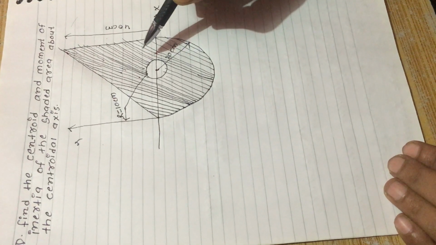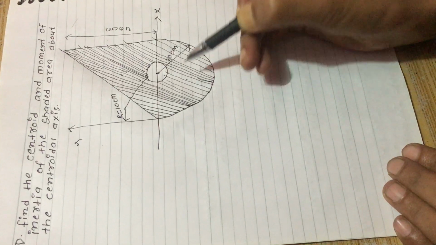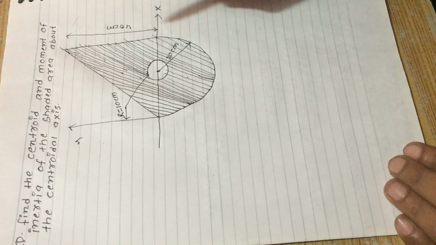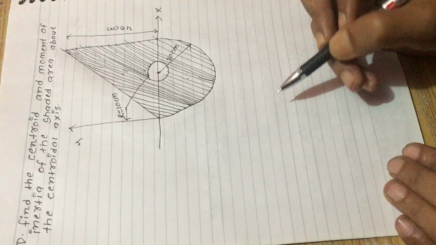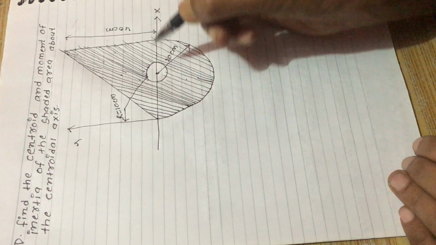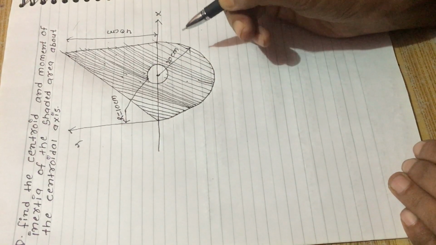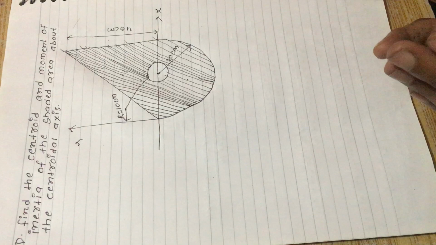This composite figure is the combination of one semicircle, one right angle triangle and one circle. But according to the question, what we have to calculate is the centroid and moment of inertia of the shaded portion only.